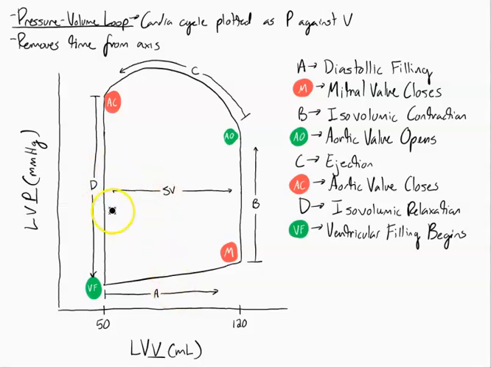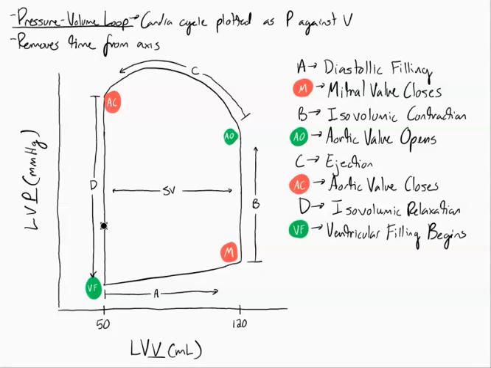Preload is going to refer to the ventricle at the end of diastole, which is essentially the end diastolic volume. So that's over here. The more preload means a stronger contraction.